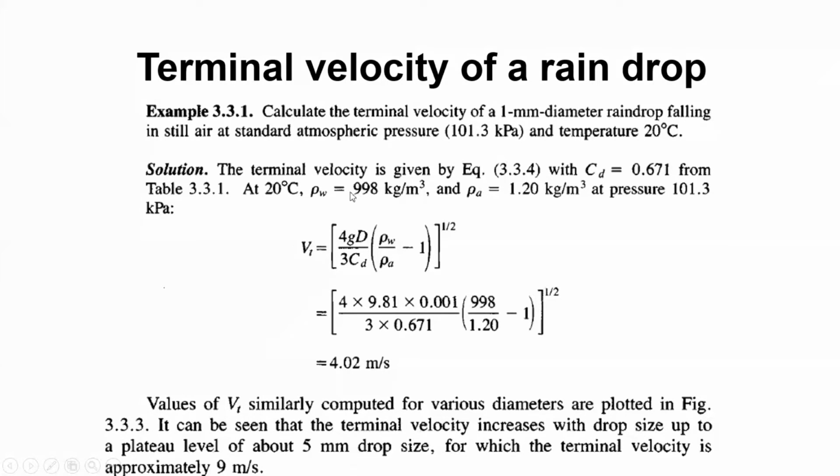At 20 degrees centigrade, air density is 1.0 kg per meter cube. We just need to substitute the values in this equation. Then the terminal velocity is obtained as 4.02 meter per second.